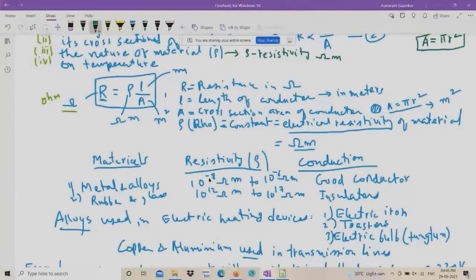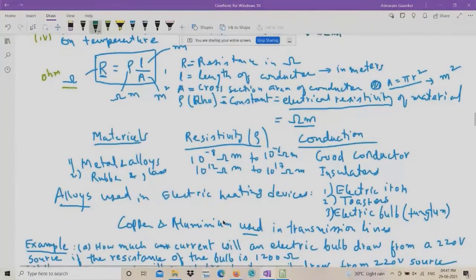So you have to remember minus 8 and minus 6, this range for metals and alloys. And for insulators, it is in the range of 10 raised to 12 ohm meter to 10 raised to 17 ohm meter. So it is plus over here, that resistivity value is high for insulators and very, very low for metals and alloys. Just remember this.